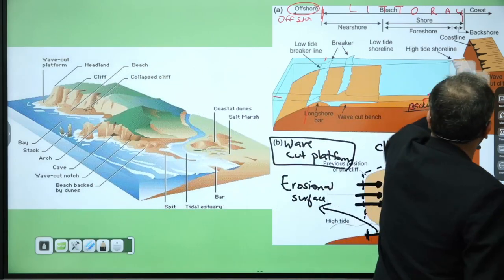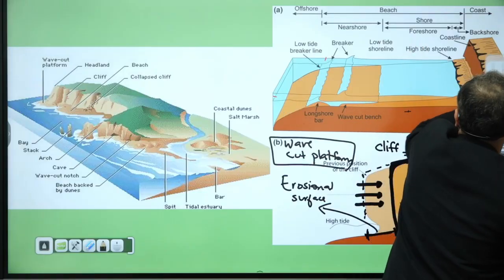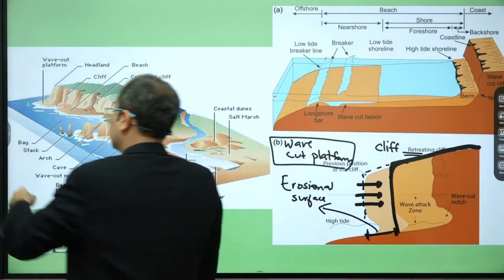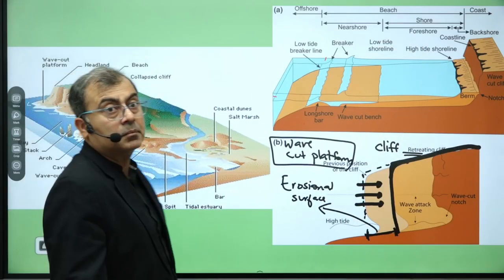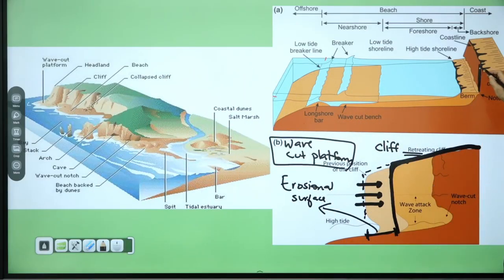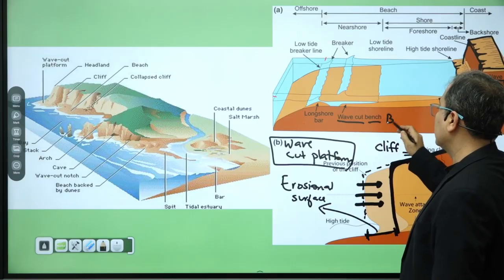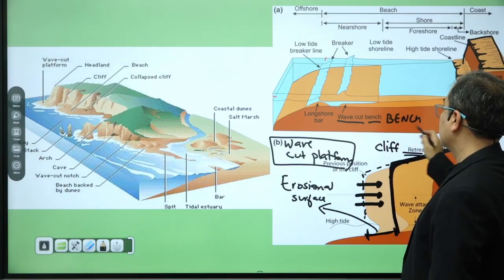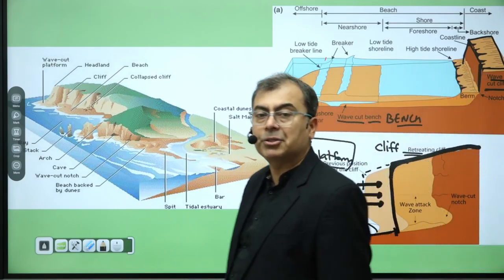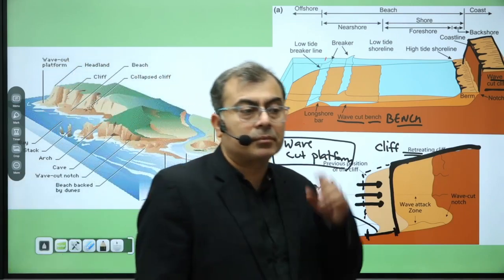Yes or no लिख दो जल्दी से. लिख दिया? Yes. How many of you understand how this is created? Have they written wave cut cliff and wave cut platform, की जगह क्या बोल दिया? Bench. Another name for platform is bench. वेव का इरोजन समझ में आया?